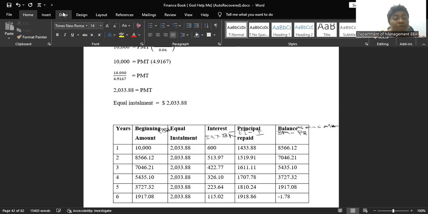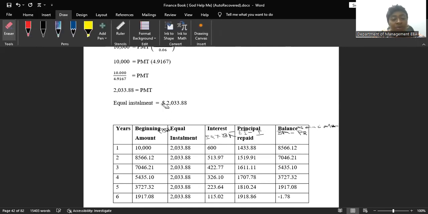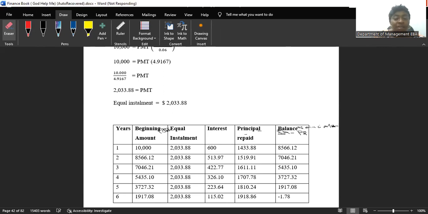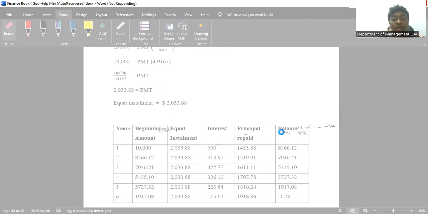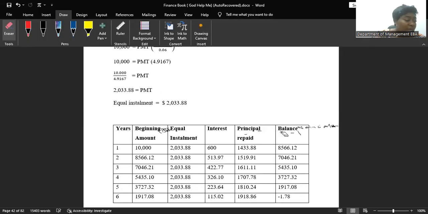Now this table is very important. Let's pay particular attention to this table. When I draw lines with this, it's not straight. So first of all, let's pay attention here.